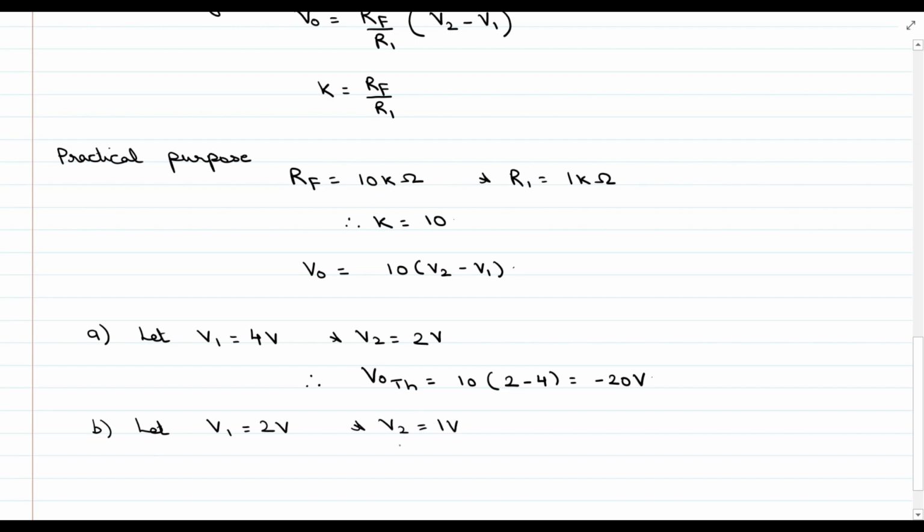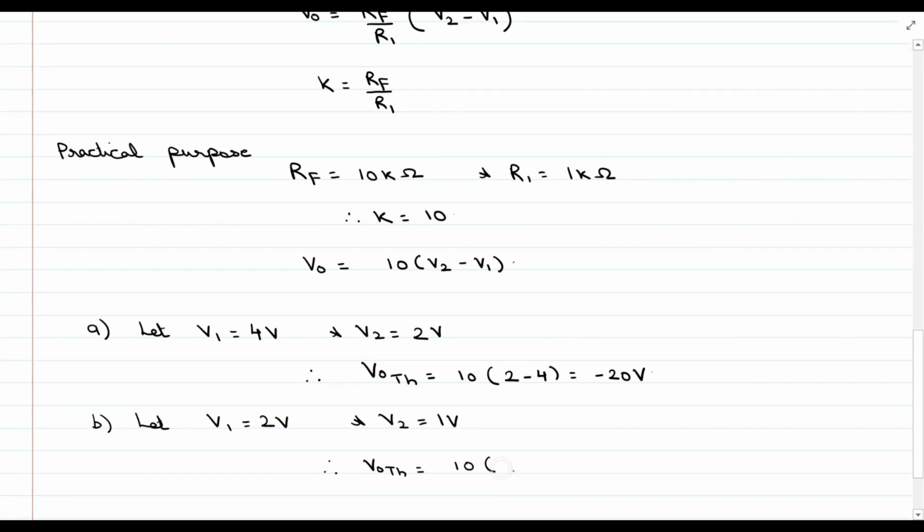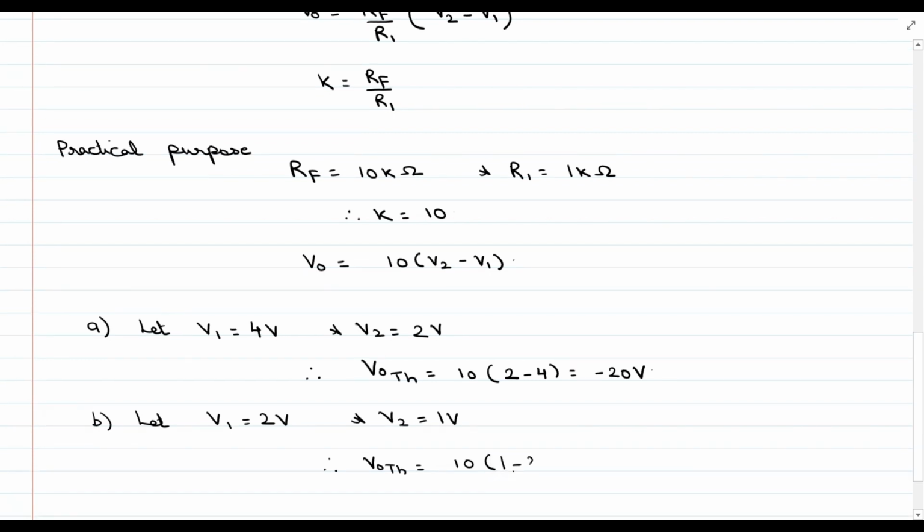Therefore, output theoretically will be equal to 10 times (1 minus 2), which is equal to minus 10 volts. So we have to implement this subtractor circuit on the breadboard and check whether we are getting the same values, theoretical and practical.